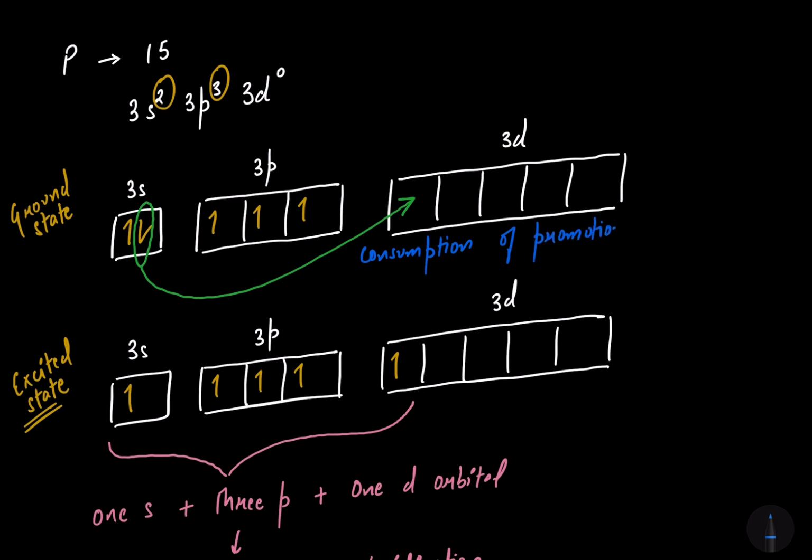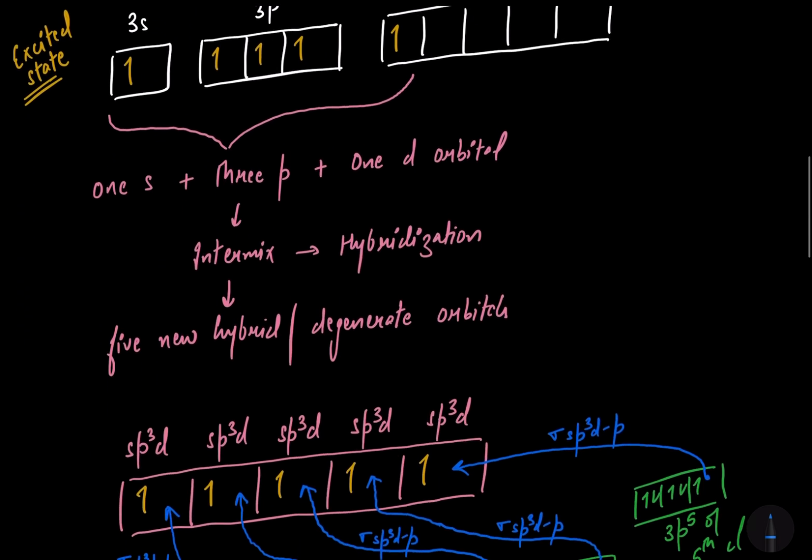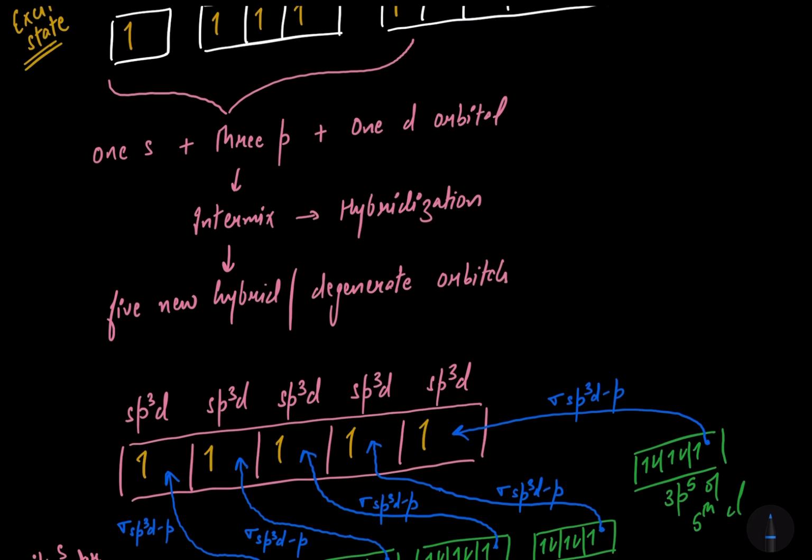That is the energy required for the promotion of electron from 3s subshell to the 3d subshell. And another energy required is for the intermixing of the atomic orbitals, or we can say the consumption of hybridization energy. What is hybridization? The intermixing of atomic orbitals. So we got here the consumption of hybridization energy.